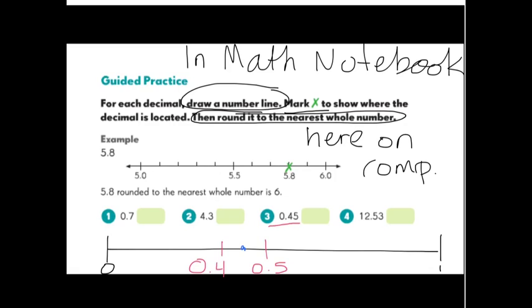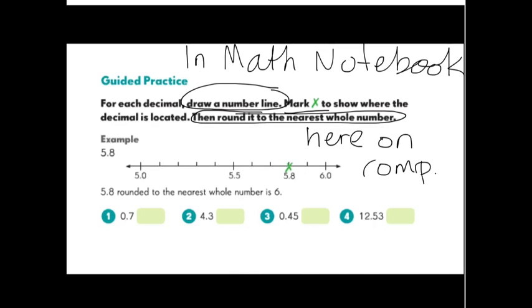And right here is 0.45, because it's halfway between 0.4 and 0.5. With this, we see that 4500ths is just a tiny bit closer to 0 than to 1. So the answer is 0. Around 4500ths, the nearest whole number is 0.